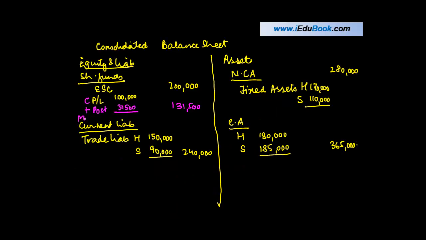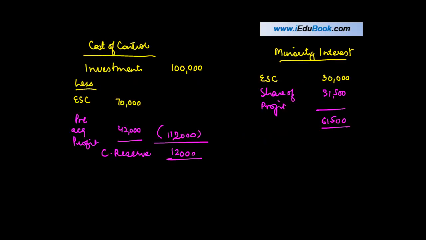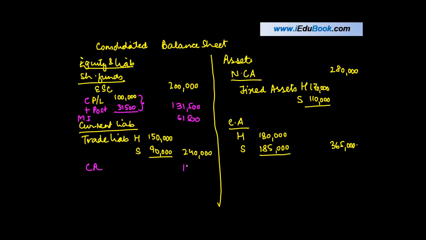It should actually come somewhere here only, 61,500, and capital reserve is 12,000. This should have been included in the reserves and surplus here. But because we don't have space, I'll just write it over here, 12,000. Ideally, in terms of the disclosure requirements, you should just add on the capital reserve and all these things in an annexure separately and put the total here as reserves and surplus.